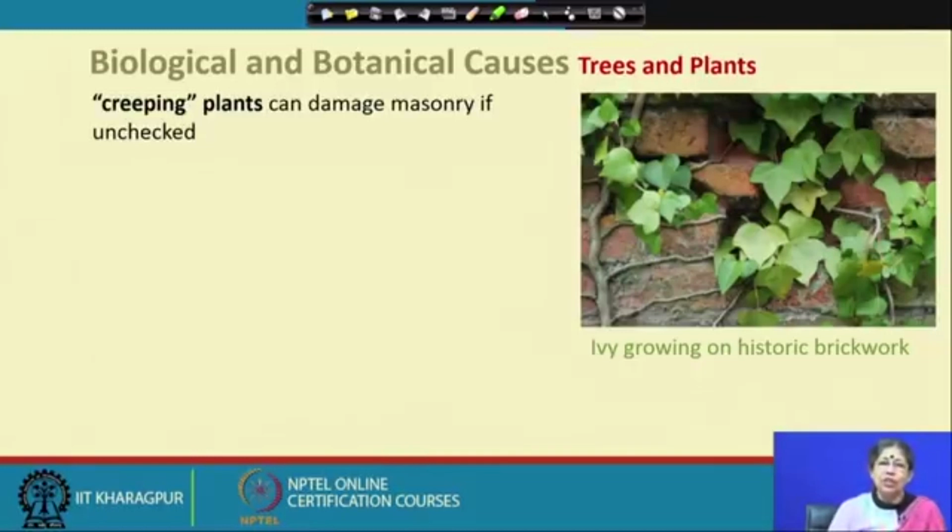So, they survive on that, and then they put their roots within the joints, and ultimately not only deteriorate the joint, they go much deeper into the surface, and that causes further problems, like blocking the gutters. Sometimes they crumble the mortar, they make deep roots, and sometimes they become so unmanageable that it is very difficult. So, they drive their roots, as I say, crumbling the masonry, causing disintegration of the material.